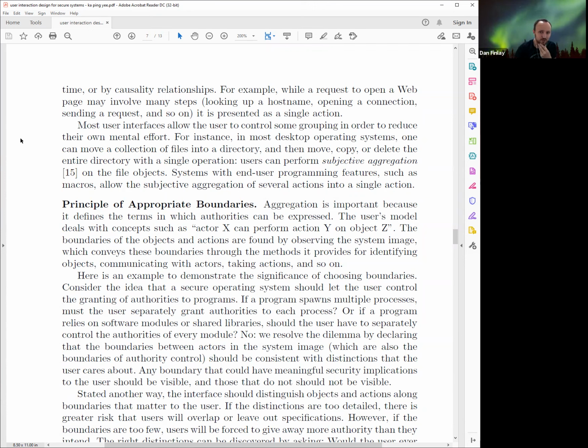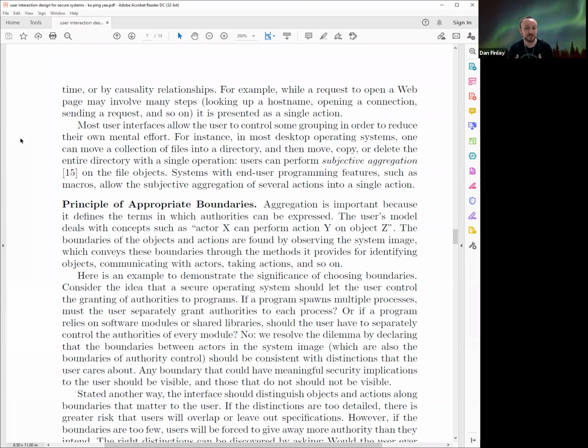For example, while a request to open a web page may involve many steps, looking up a host name, opening a connection, sending a request, and so on, it is presented as a single action. Most user interfaces allow the user to control some grouping in order to reduce their own mental effort. For instance, in most desktop operating systems, one can move a collection of files into a directory and then move, copy, or delete the entire directory with a single operation.